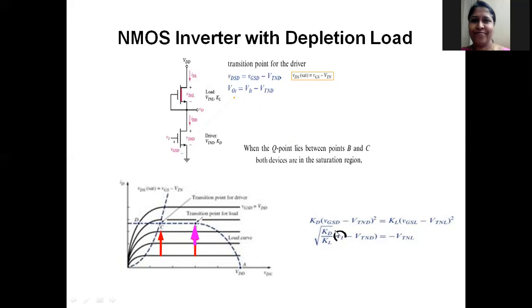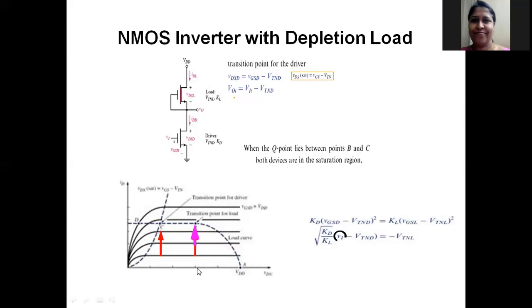You can try to get that relation using this condition, that is, both the currents in saturation. That happens when input is equal to VDD by 2.